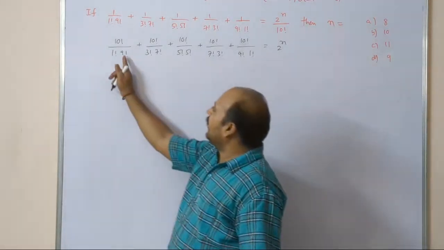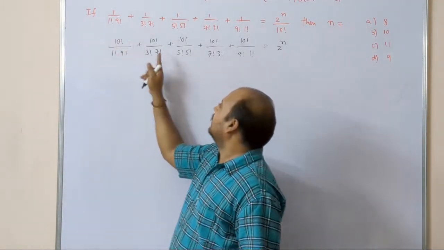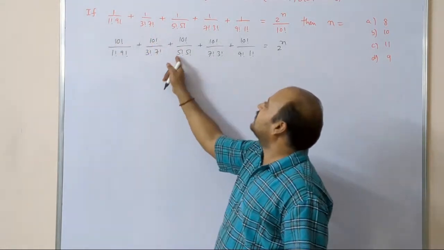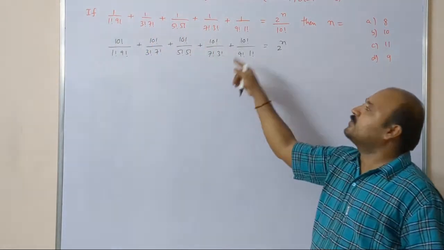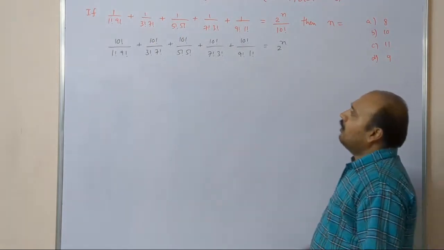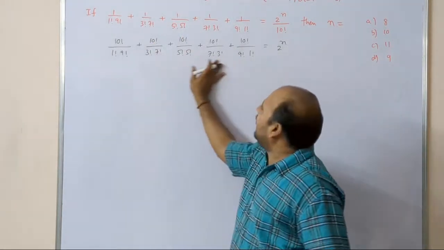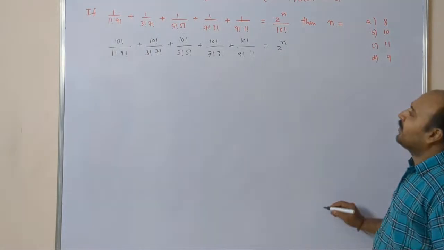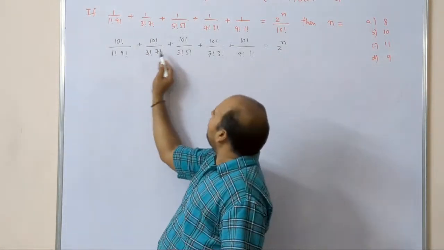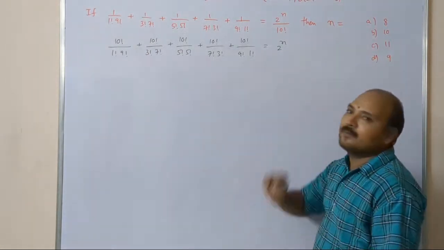Observe carefully. 9 plus 1, 10. 7 plus 3, 10. 5 plus 5, 10. 7 plus 3, 10. 9 plus 1, 10. Every term, total 5 terms are there: 1, 3, 5, 7, 9.